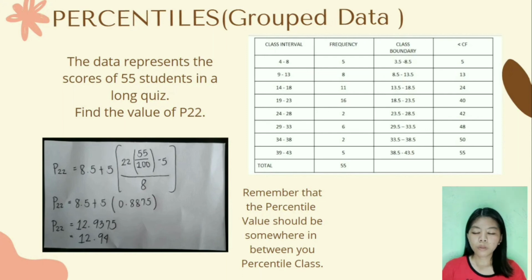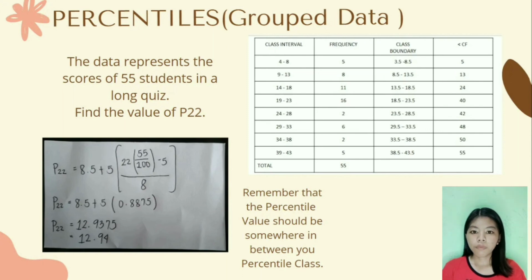And then open and close parentheses, 55 over 100 minus 5, which is the cumulative frequency before the percentiles class, and all over 8, which is the frequency of the percentiles class.